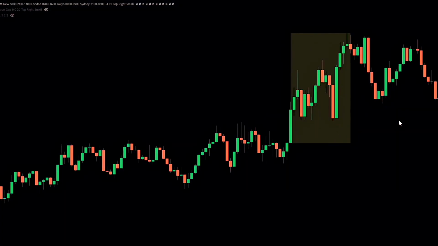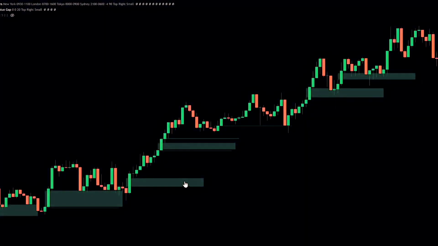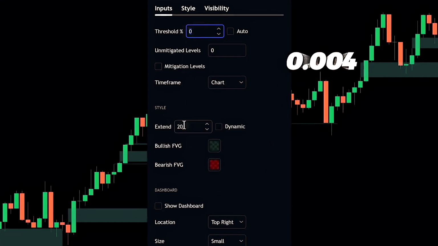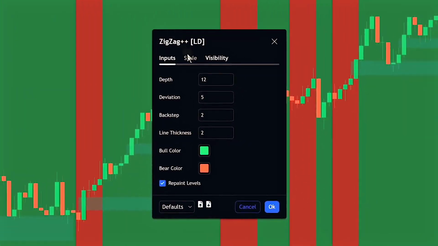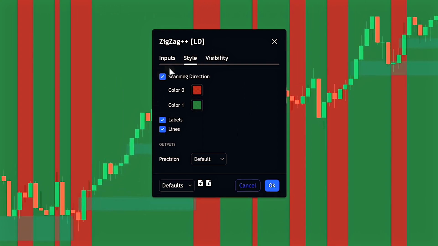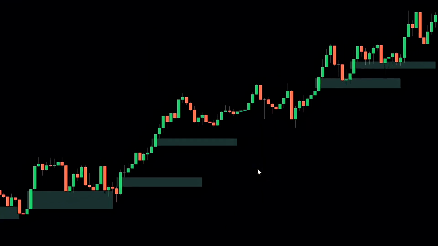Before moving further, let's adjust our indicator settings. For the fair value gap indicator, change the threshold to 0.004 and click OK. Next, for the zigzag indicator, set the depth to 5. Then in the Style tab, disable the first two options and finally click OK.